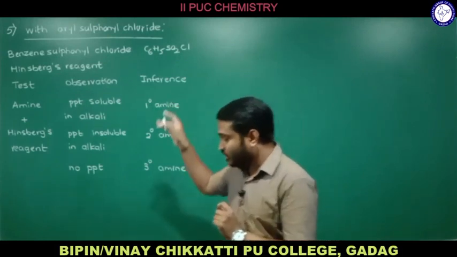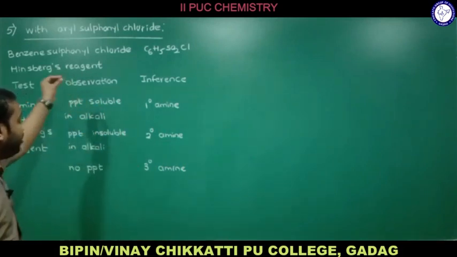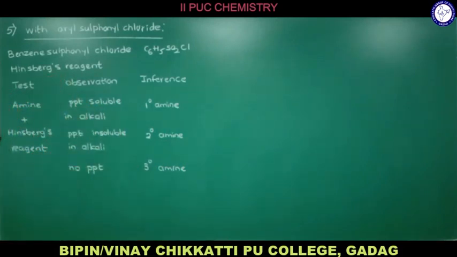And this is how I can consider the reaction in general, and how the physical observation and inference we are going to get here. As I said, if you consider amines, I am going to write it.